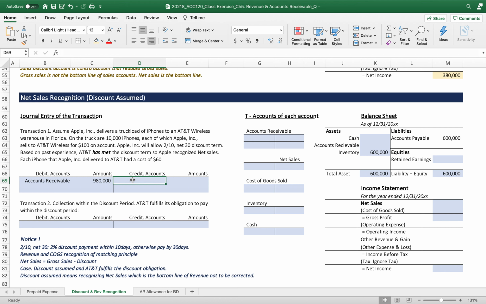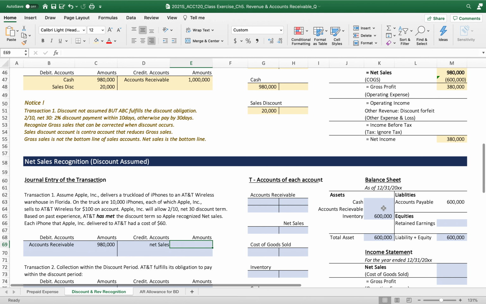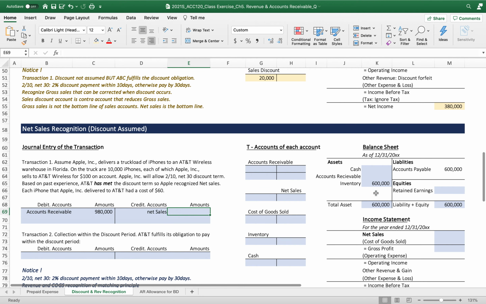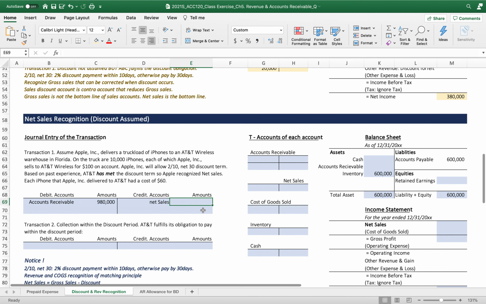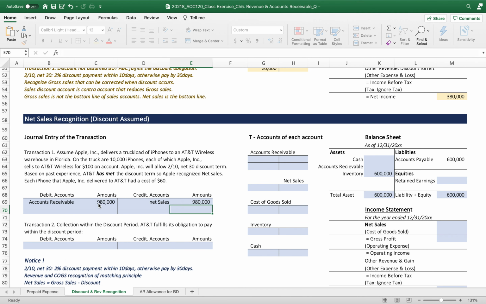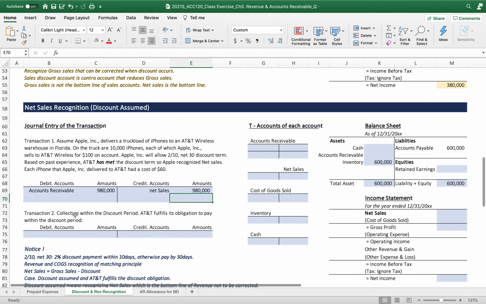And then on the credit side, we start from net sales, so we don't put the gross sales into the income statement of Apple. So 980, exactly the same as the accounts receivable.